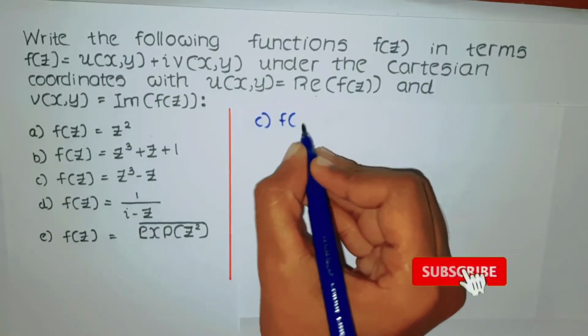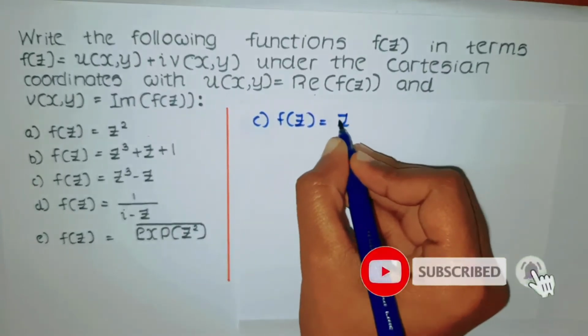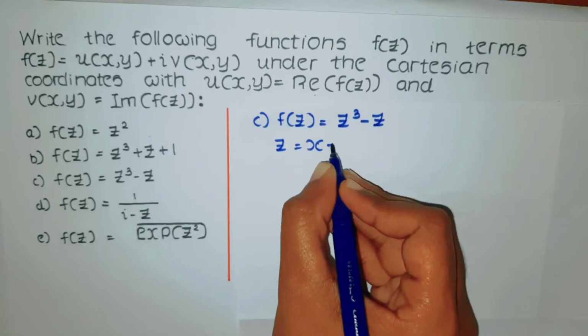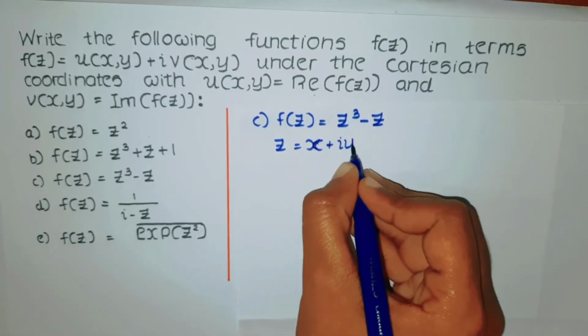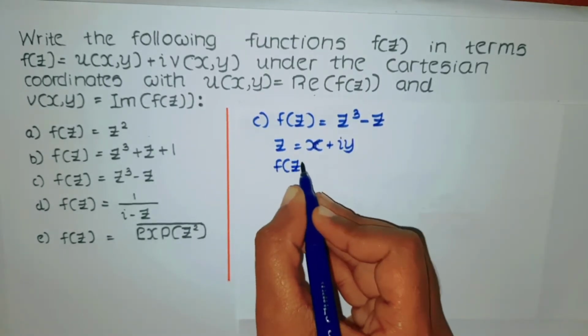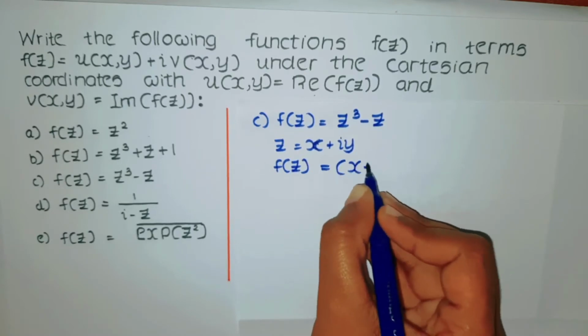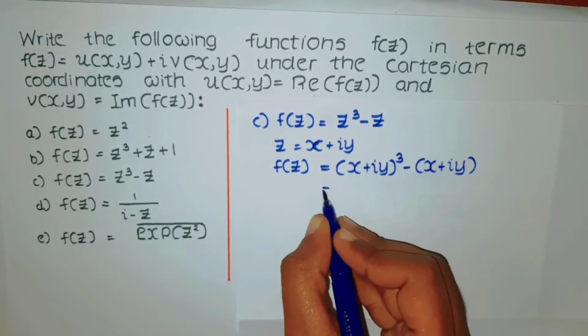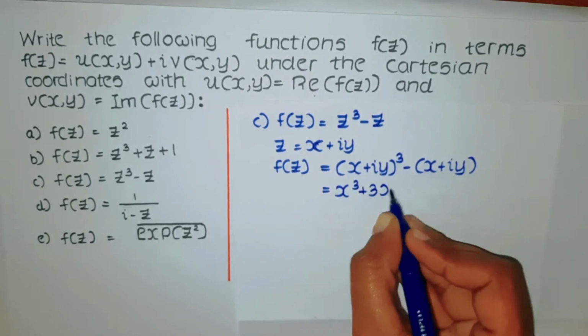Let's move on to the third part. f(z) equals z cubed minus z. As the previous, you take z as x plus iy. Now you all can do these problems easily. There's a pattern.